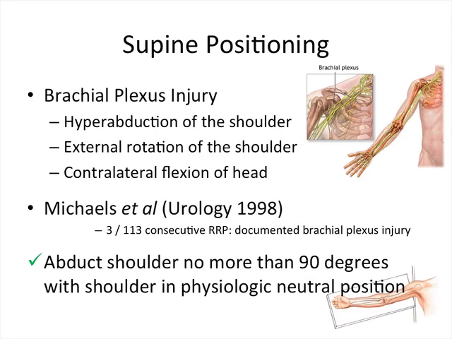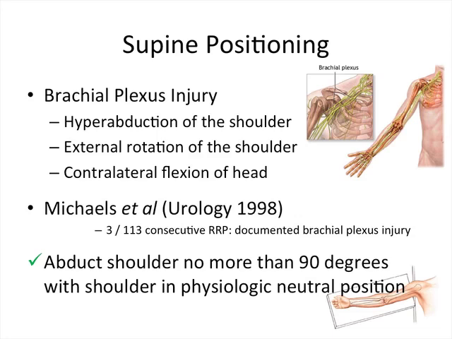Has there been a recent brachial plexus injury in our department? I don't know in our department, no. You did? We had a brachial plexus neuropathy from prone positioning, we'll talk about that. It's a real phenomenon.